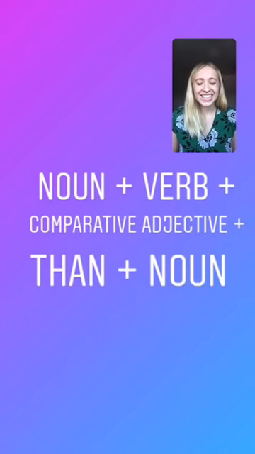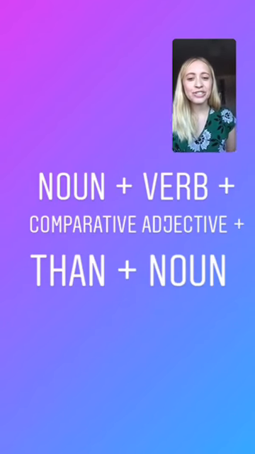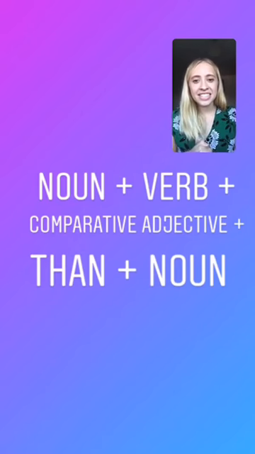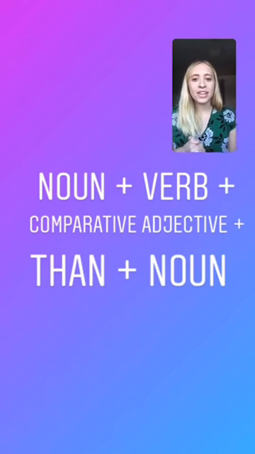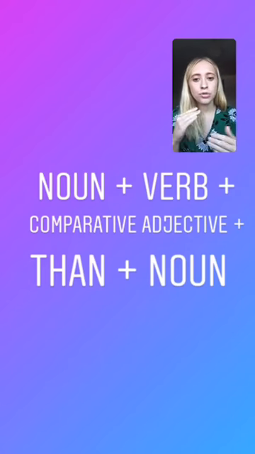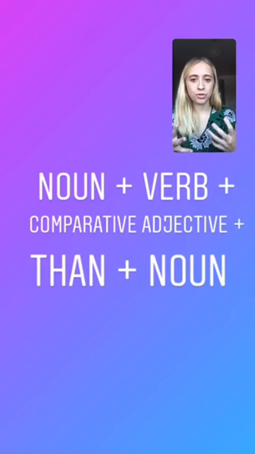So as I said, we are looking at comparative adjectives. On the screen, you should be able to see this sentence structure. This is the sentence structure you need to make your comparative adjectives. Comparative sentences are used to talk about the differences between 2 things.